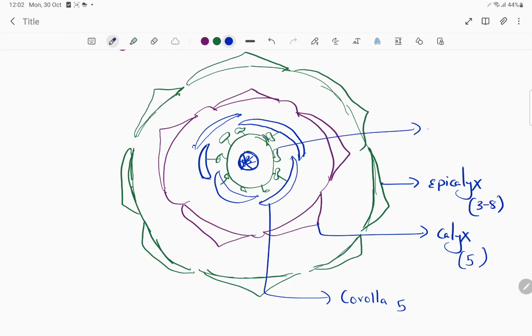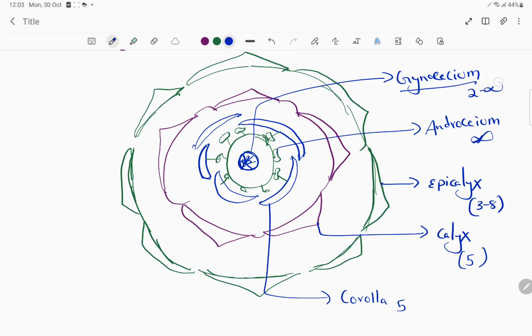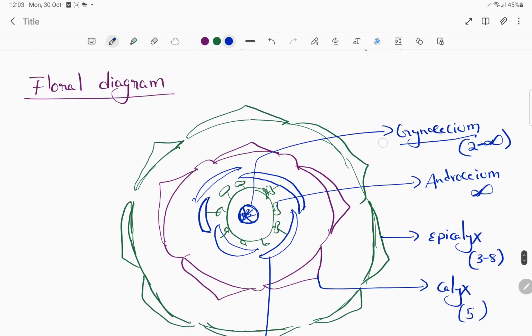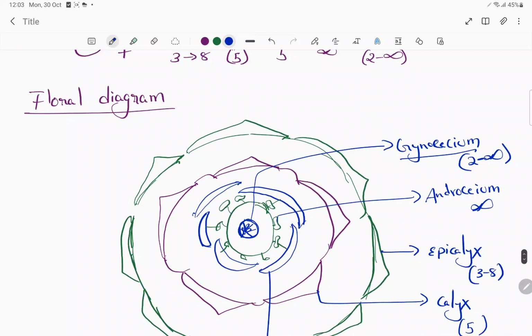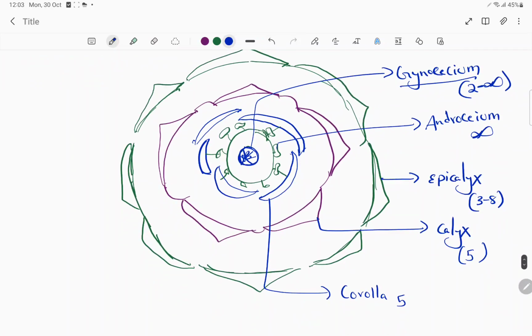And this is androecium, anthers, which are infinity, monoadelphous condition. And this is gynoecium, the ovary is superior, and we have 2 to infinity. So this is the floral formula. This is in detail about the Malvaceae family. And thank you.